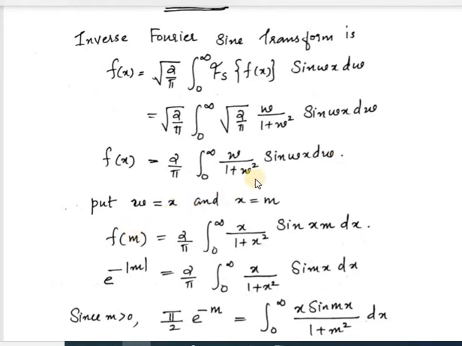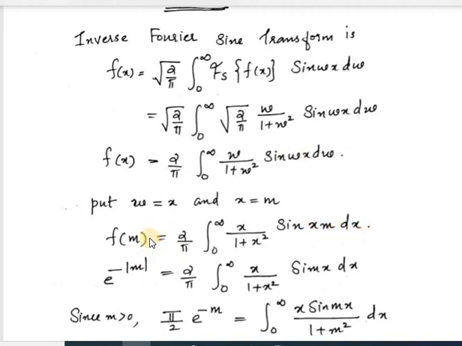To deduce the given question, we replace omega by x and x by m. So substituting the values, the left side is f of m equal to 2 by pi integral 0 to infinity, omega changed to x, by 1 plus x square, and x changed to m, so sine mx dx.